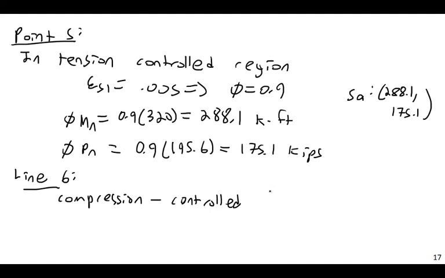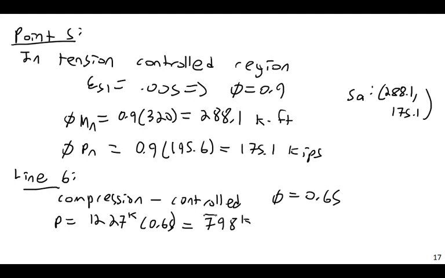So here the phi factor is going to be 0.65, and the value we had previously of P equal to 1227 kips times 0.65 is going to equal 798 kips.